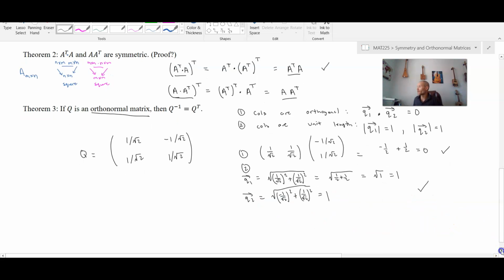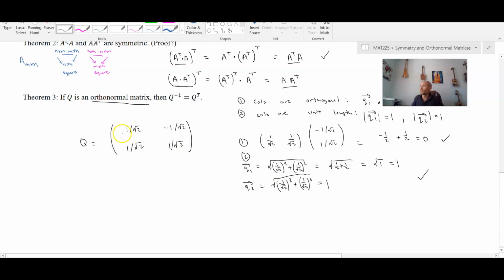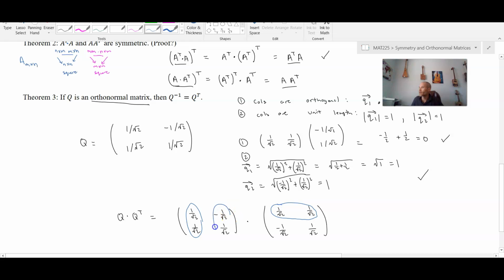Now to show the product of Q with its transpose, for example, Q times Q transpose is going to be 1 over the square root of 2, 1 over the square root of 2. So here I have it. I've transposed this column into this row and this column into this row.